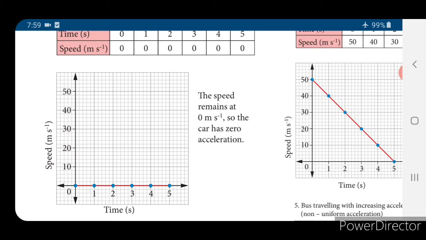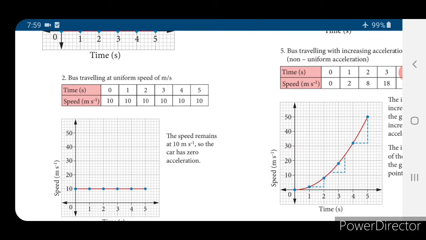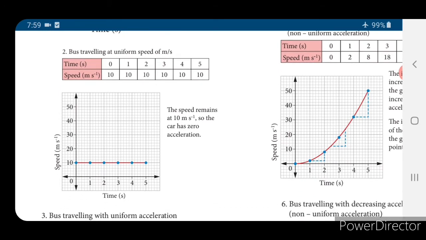So the speed remains at 0 meter per second. So the bus has 0 acceleration, it has not yet started. So the line lies on the x-axis itself. Then the bus traveling at a uniform speed in meter per second.